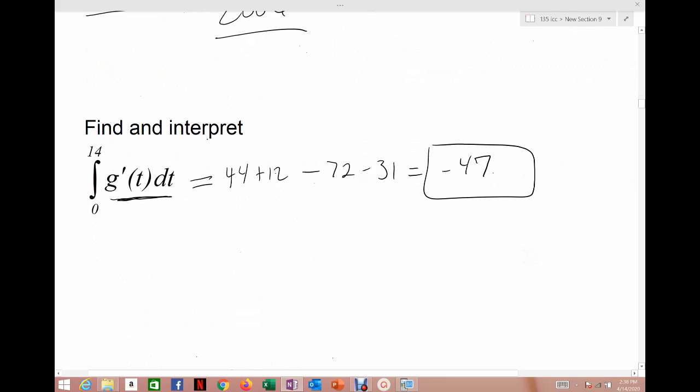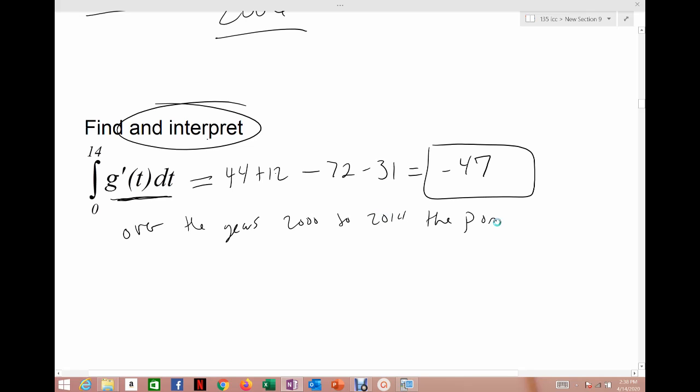And don't leave your answer negative 47. Right? That negative 47 has context. First of all, it's a negative. And so over the years 2000 to 2014, the pond had a net loss, right?